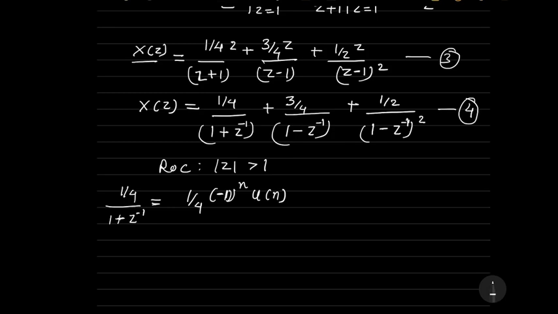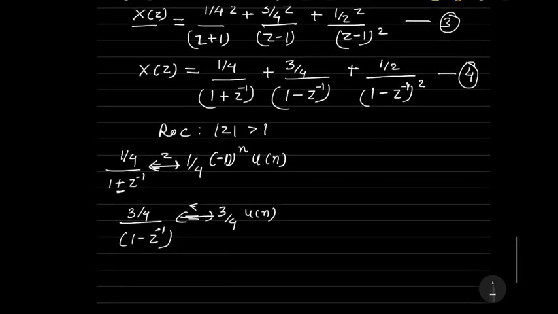Since it is a plus sign, (−1)ⁿ is coming. The second term, (3/4)/(1 − z⁻¹), its z transform is equal to 3/4 u(n).